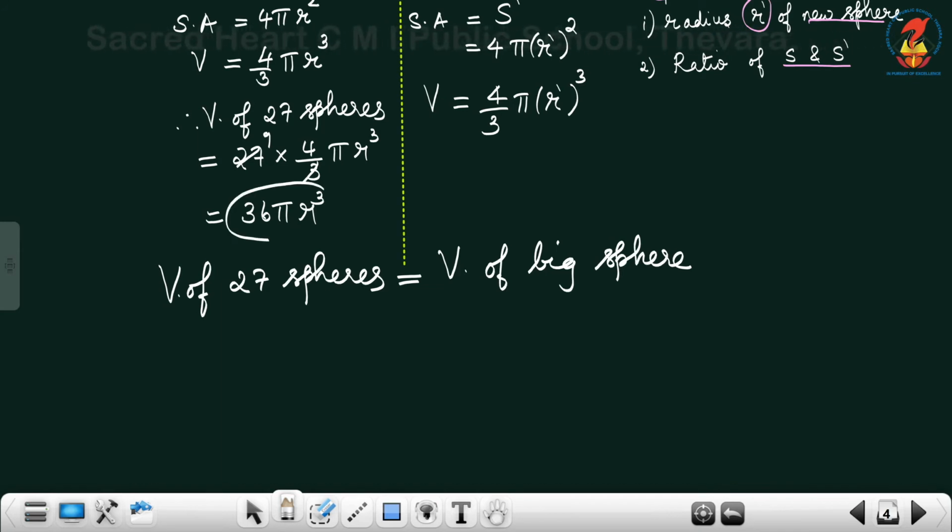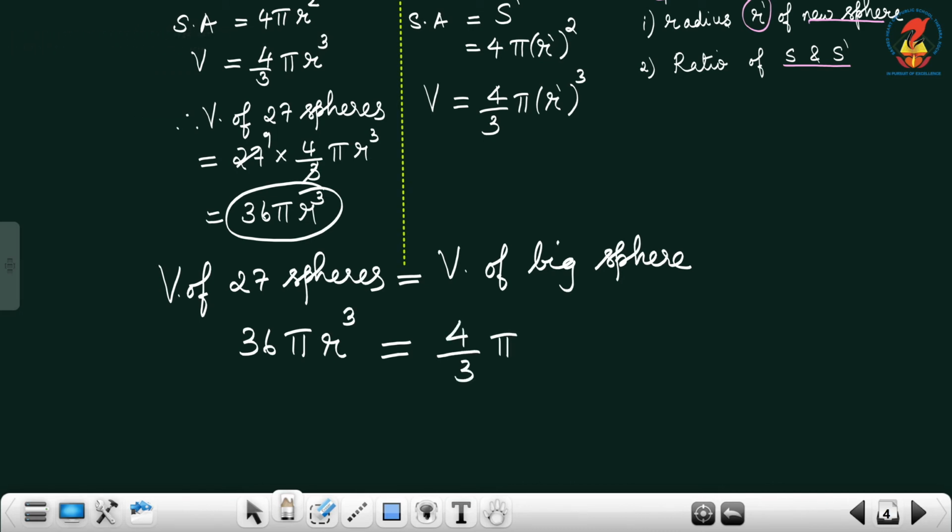What is the volume of 27 spheres? 36 pi r cube is equal to, what will be the volume of the big sphere? 4 by 3 pi r dash cube.